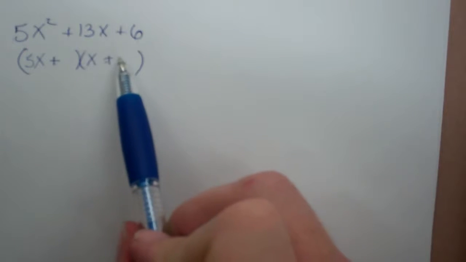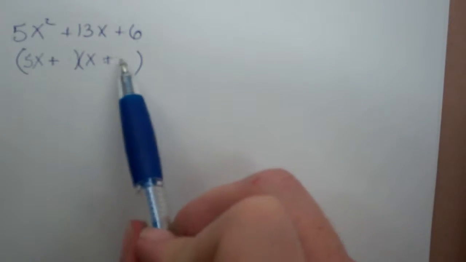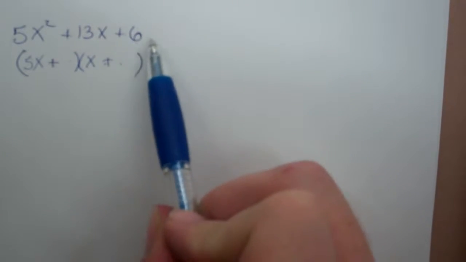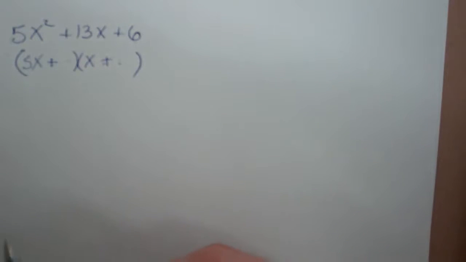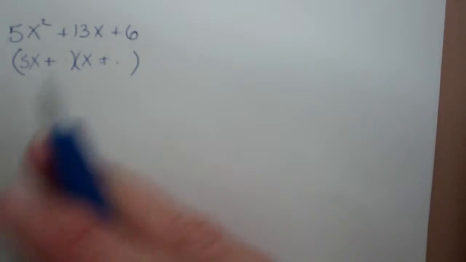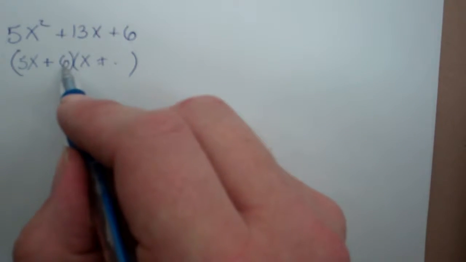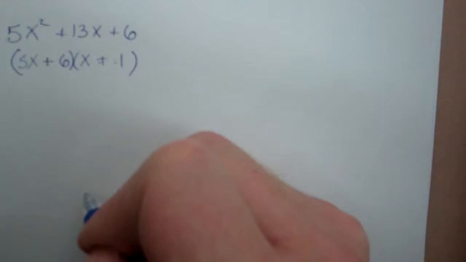Now, these two numbers are all we need to finish factoring. And these two numbers have to multiply together to give us a 6. The truth is that sometimes you guess wrong. I'm going to just take a guess and say maybe it's a 6 and a 1.